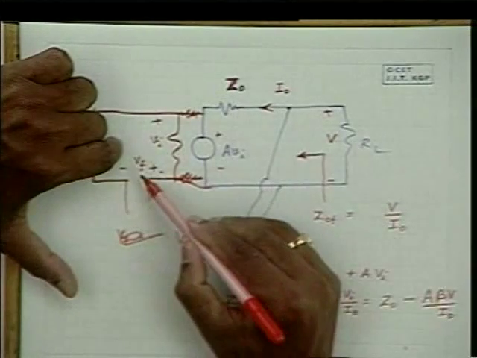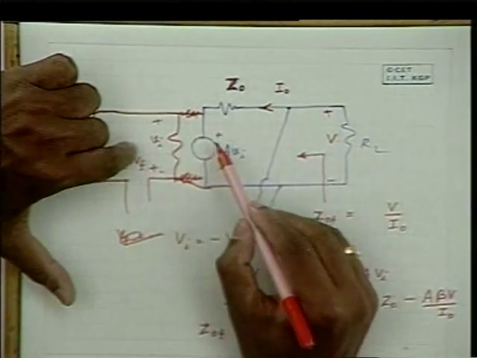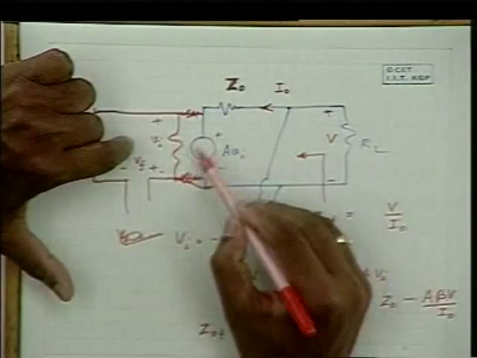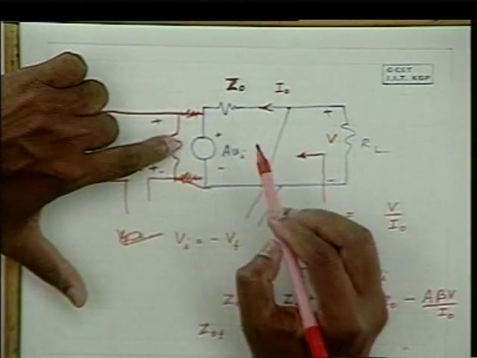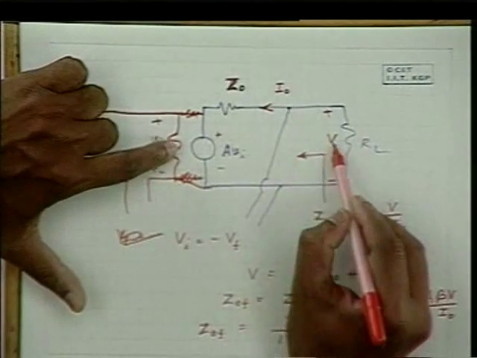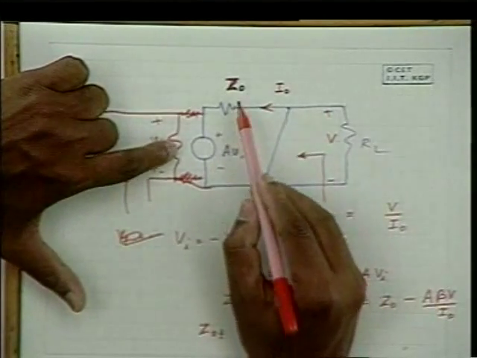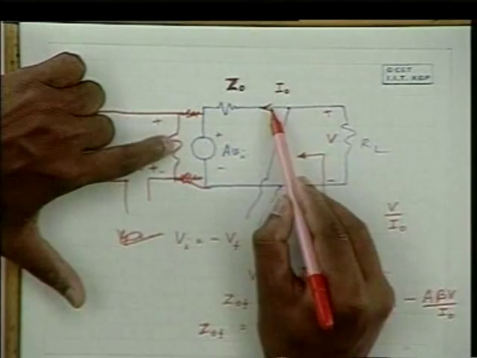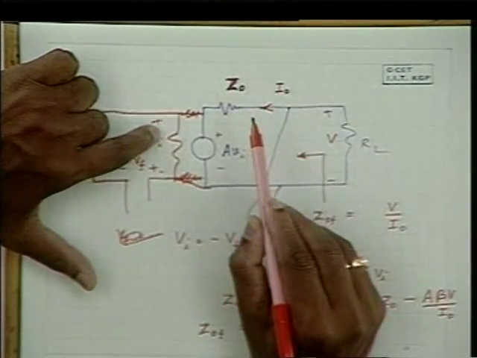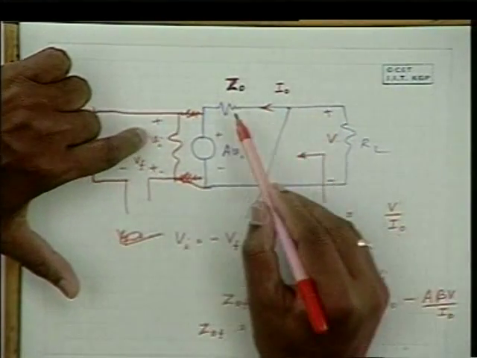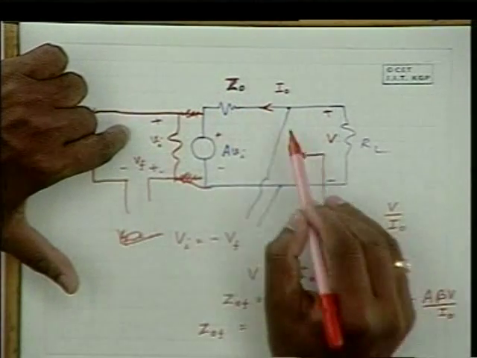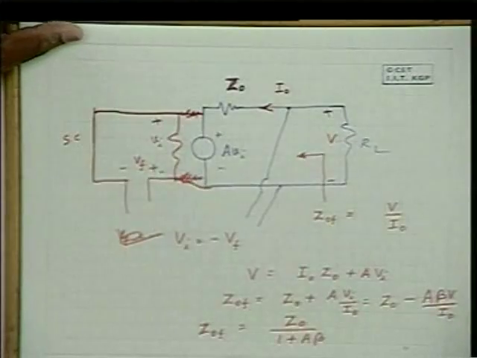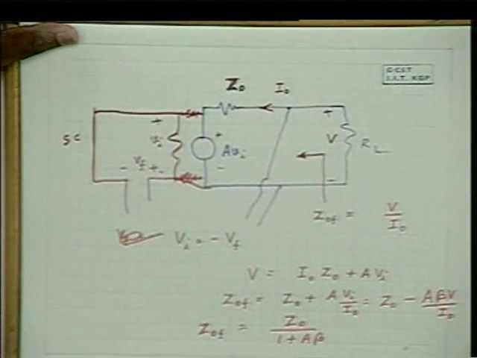But by connecting a feedback here, there is a voltage which appears on the output side, and this minus this by Z0 is the output current, and that current is large. With negative feedback, that current is large. So because the current is large, the effective output impedance is low. So Z0 by 1 plus A beta is the effective output impedance.